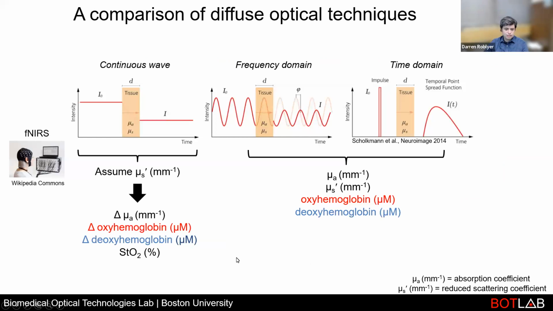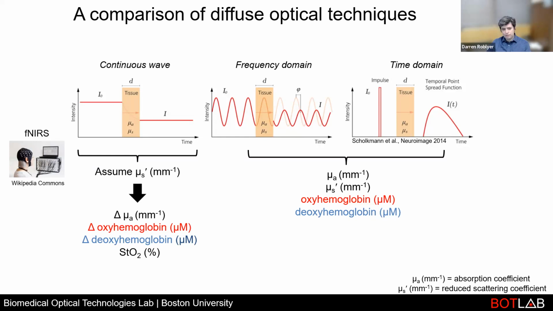There's a few different technologies in this area, and by far the most common is called continuous wave, sometimes called continuous wave diffuse optics. And fNIRS, which I started with, most typically use continuous wave, especially for commercial devices. This is when we send a steady state light source into tissue and measure the attenuation. And the attenuation is going to be caused by both absorption and scattering.